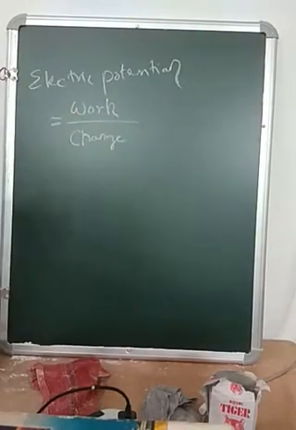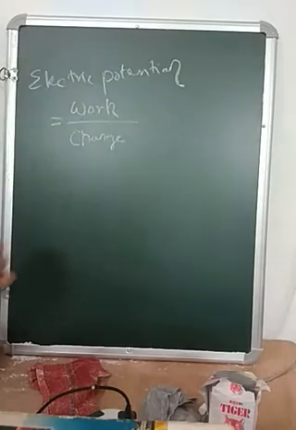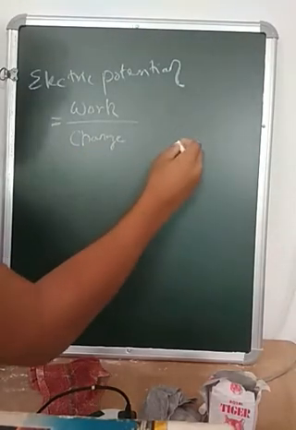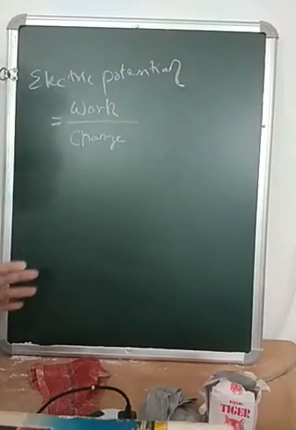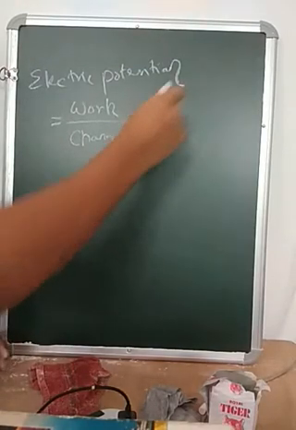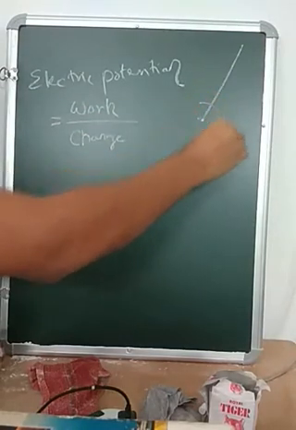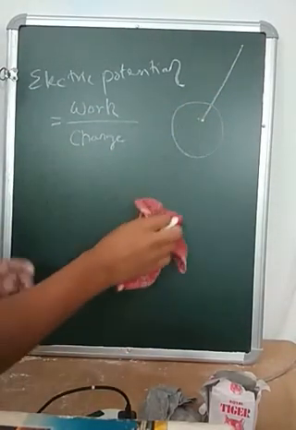If I ask you what is electric potential, then you know this. Electric potential is the work done in bringing a unit positive charge from infinity to a position inside the field. This is the definition of electric potential.